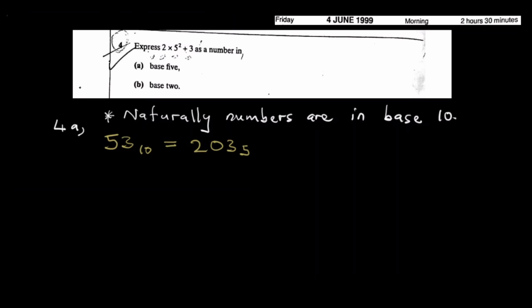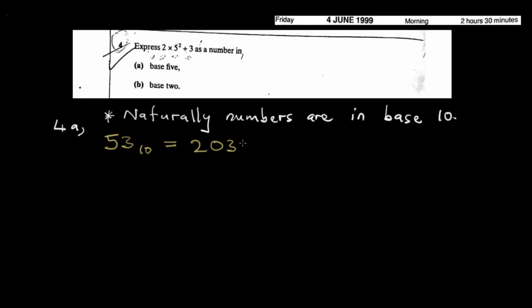So basically what we were doing as demanded by this question was converting from base 10 to base 5. What we require to do now, for practice, is reversing the operation, converting from base 5 to base 10. How do we convert from base 5 to base 10? Or how do we prove that statement?